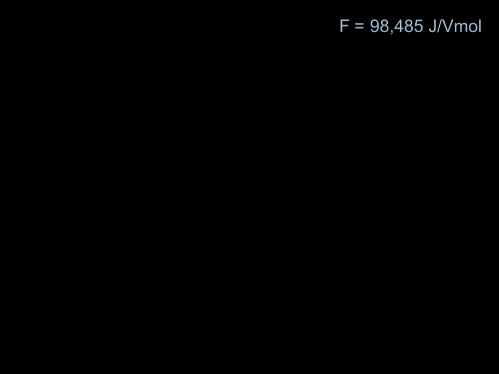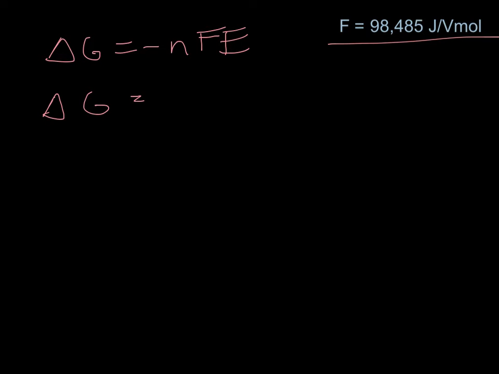And for letter D, you're calculating if this reaction is spontaneous or not by calculating delta G. Now our equation that governs this is delta G equals minus nFE, and F is given here above. So to calculate this, we have to think about how many electrons were transferred in our overall redox reaction.